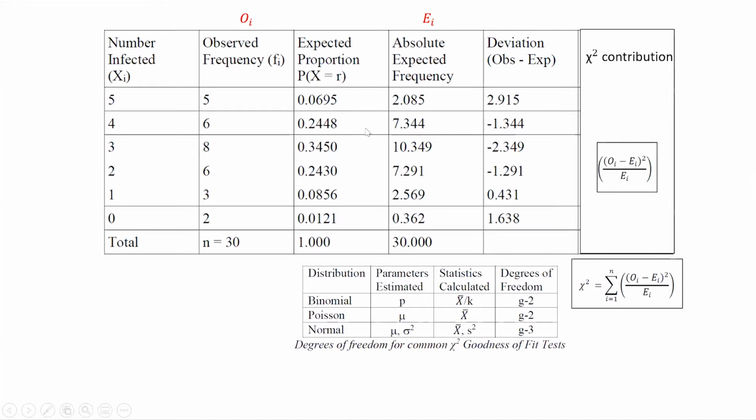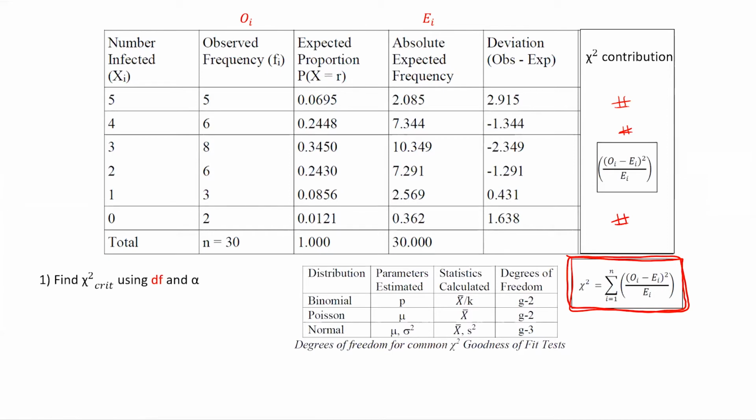It's for each index, our observed minus our expected, so our deviation, squared, and then divided by our expected. That gives us the chi-squared contribution for each of these. We then sum them together here to get our total chi-squared calc, our total deviation from expected.